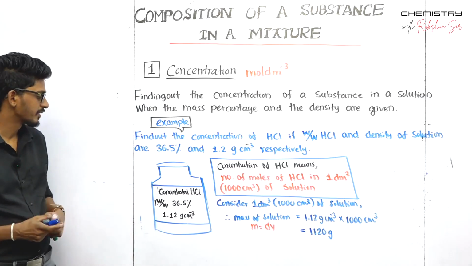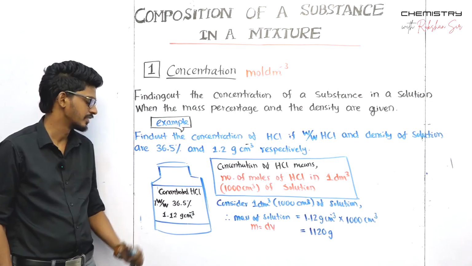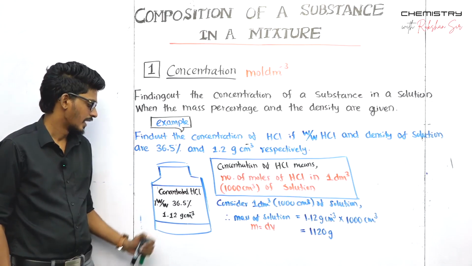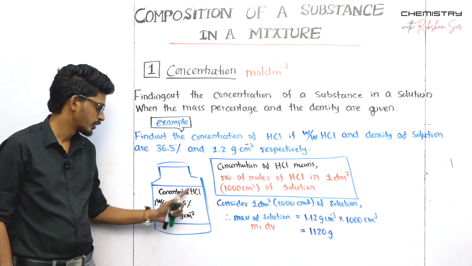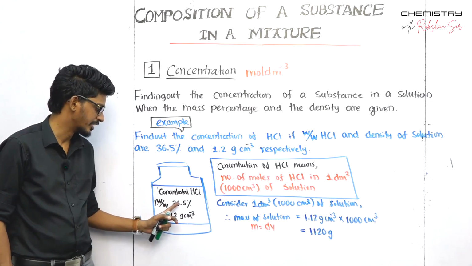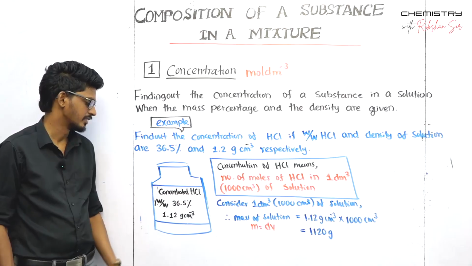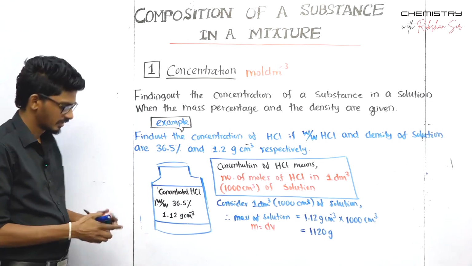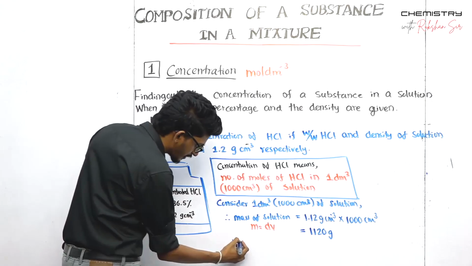Then with the use of weight percentage, we can come up with the mass of the HCl. Out of 100 grams of the solution, 36.5 grams belongs to HCl. That is what weight percentage means. So we can use that to come up with the mass of HCl.